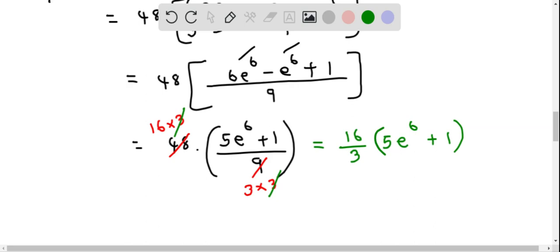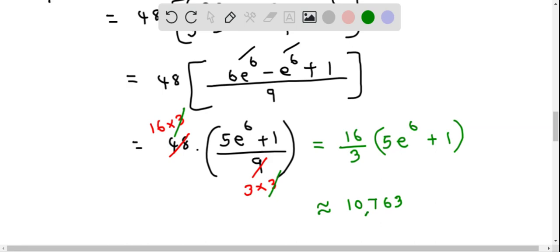This is in terms of expression, and we can also plug this into the calculator. And when we do that, we approximately get 10,763. So this is in terms of microbes.